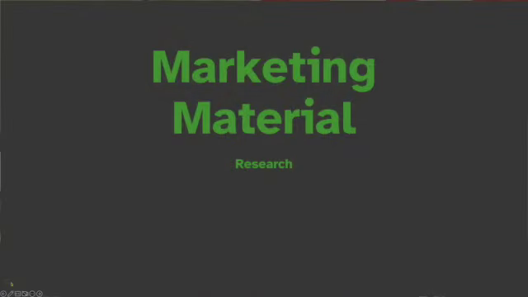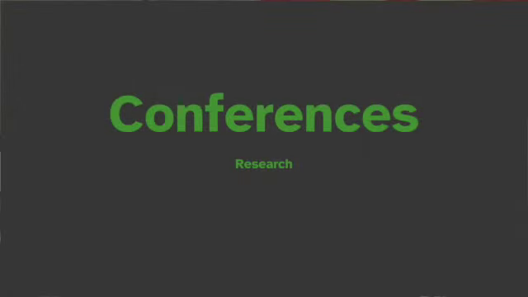Where do you do your research? Well, you start with marketing material. Obviously, our marketing material, the competitor's marketing material, what's on the website, what's in the white papers that can be downloaded, that kind of thing. Attending user conferences is incredibly helpful, especially if they're online.